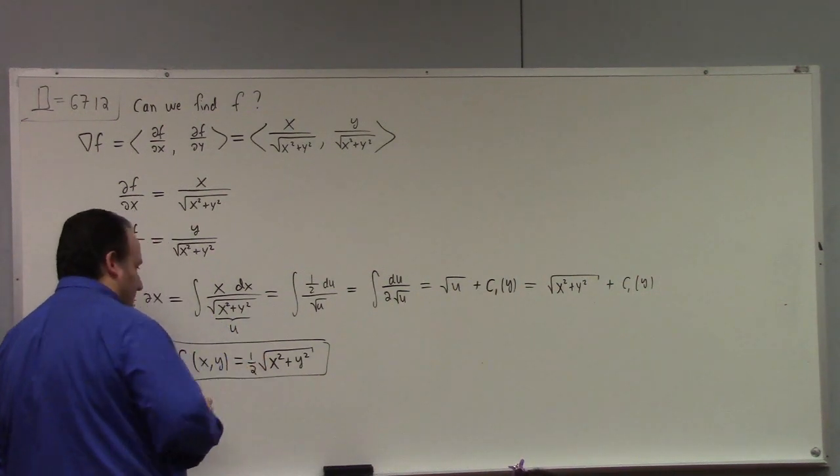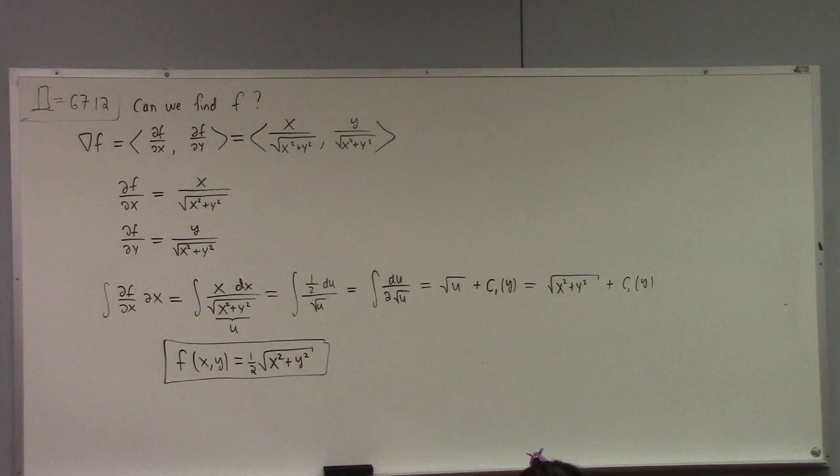Thank you, thank you. So if we differentiate that, we calculate the gradient of this function, we get back our vector field. Right? Except where? x squared plus y squared equal to 0, right? Where all your partial derivatives actually have vertical tangents.